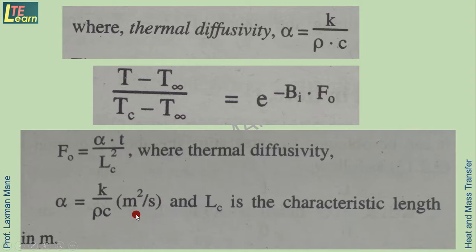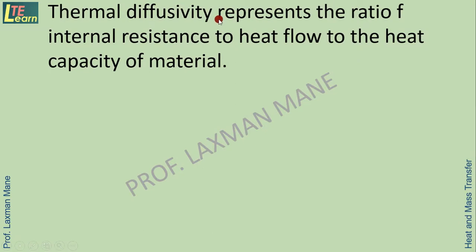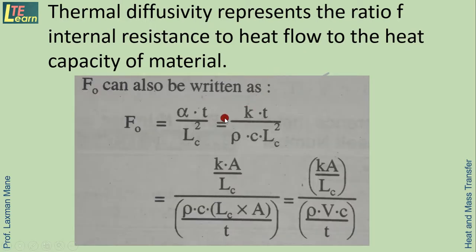Now alpha we have already seen. Thermal diffusivity represents the ratio of heat conduction to the heat storage capacity of the material.